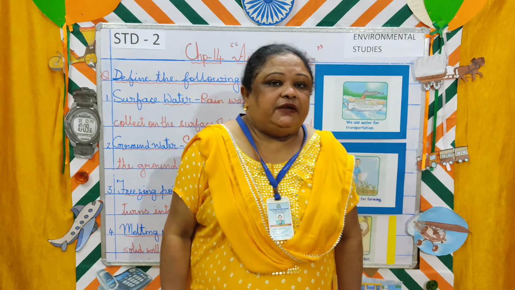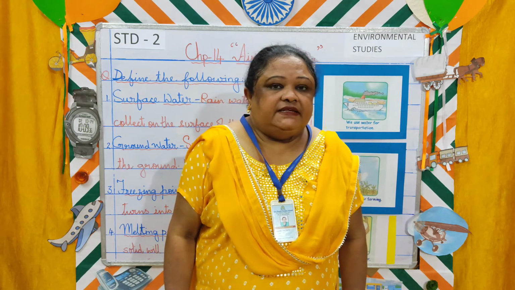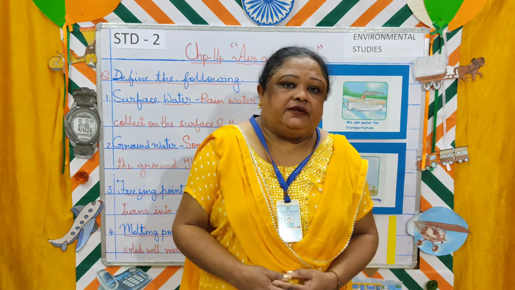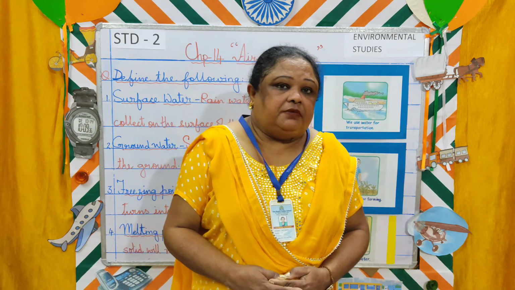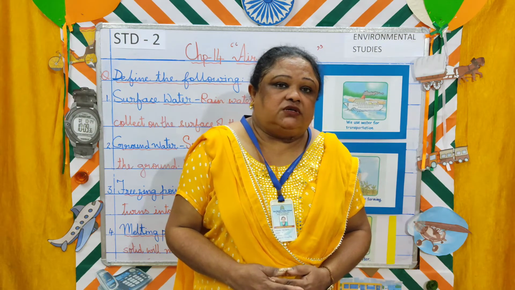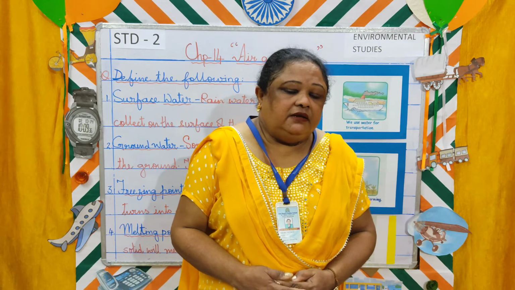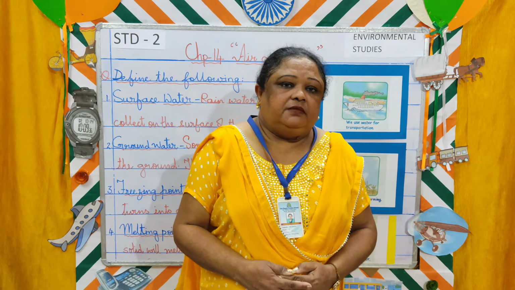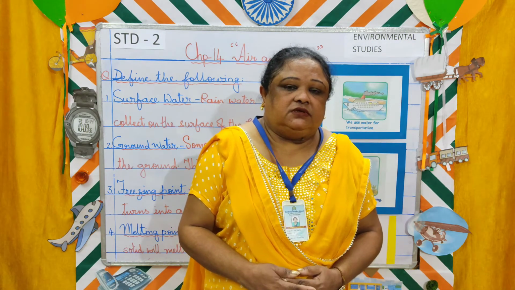Children, we get water in our houses through taps, and this water should be cleaned before we drink it. Now there are a few points that we should remember which are very important because we drink water every day. Number 1, water should be boiled and filtered before drinking, as boiling kills germs.